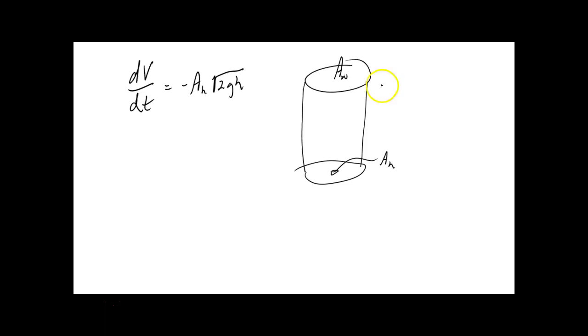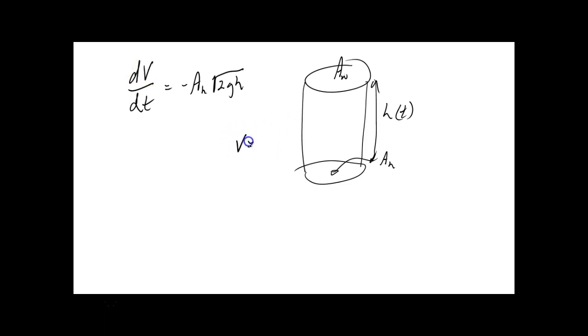You can also say that this area times this height, okay? But that height is a function of time because it's the water level height, not the height of the tank. It may start full, but the water level height would be h of t because it's going to decrease in time. So the cubic feet of water would be the area times the height, because that's the volume of water above, and that's what your V is.